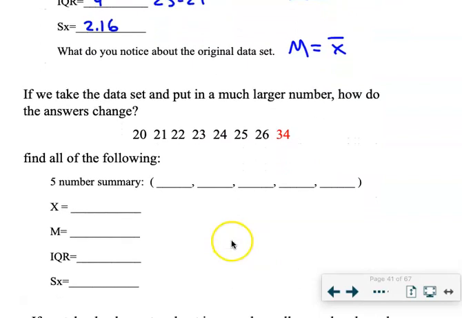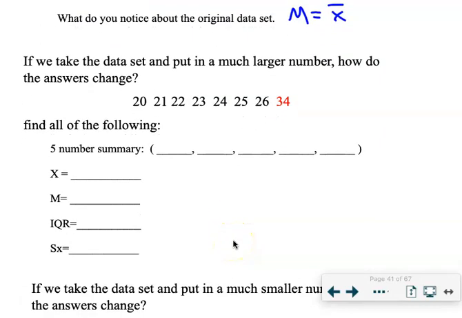Now if we take the data set and put in a much larger number, so we have some outlier, maybe it's an outlier, that's not what today is about, how do the answers change? It's the same numbers, except now we've added 34 to the end of the list. So it makes a change right away because we have a 20 as our minimum still, but now our maximum has gone up to 34.